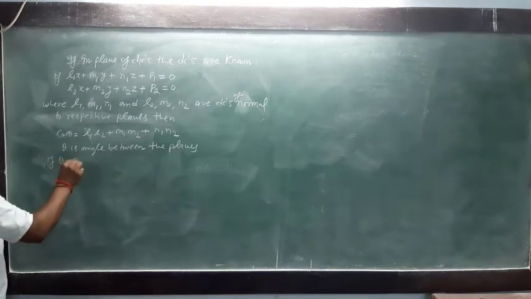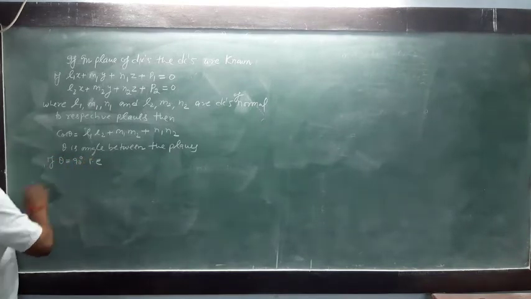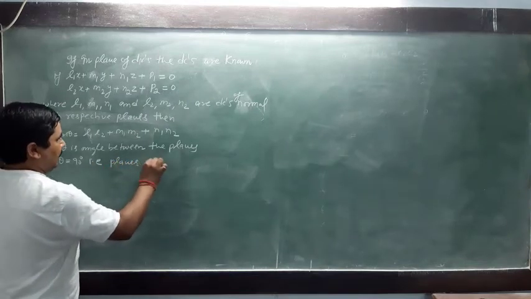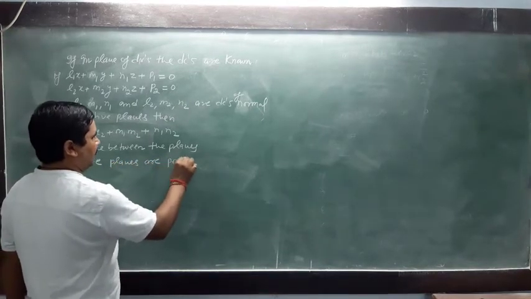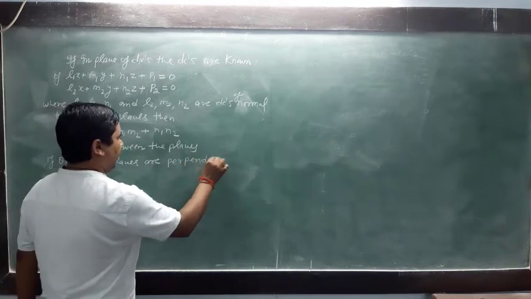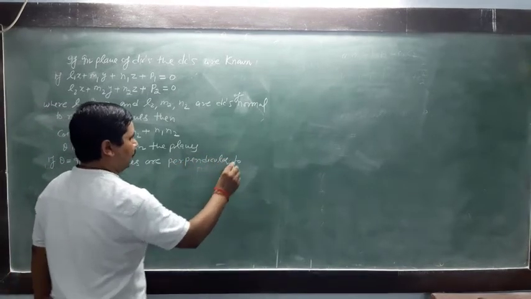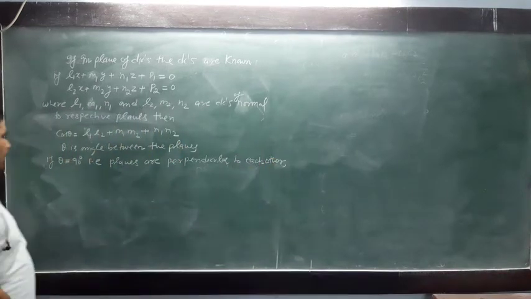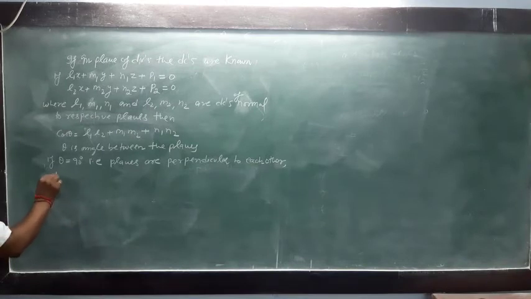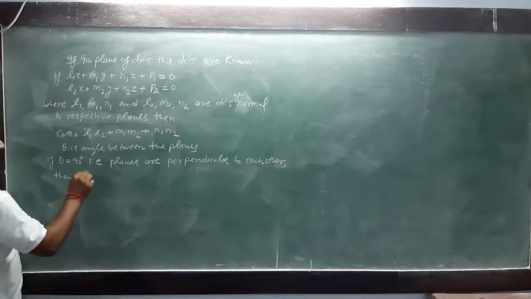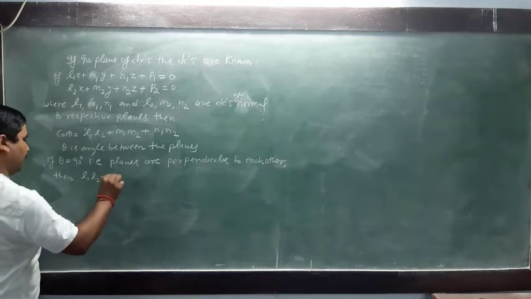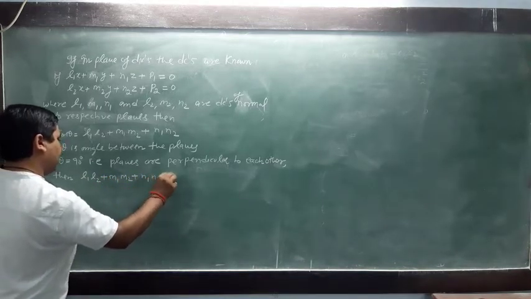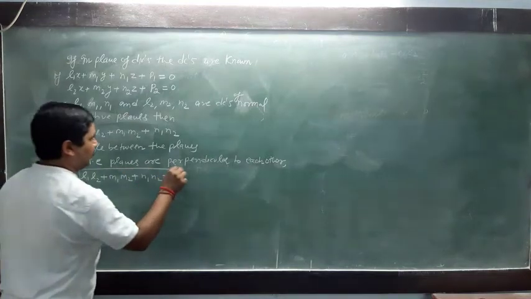If theta is equal to 90 degree, that is planes are perpendicular to each other, then L1 L2 plus M1 M2 plus N1 N2 will be equal to 0.